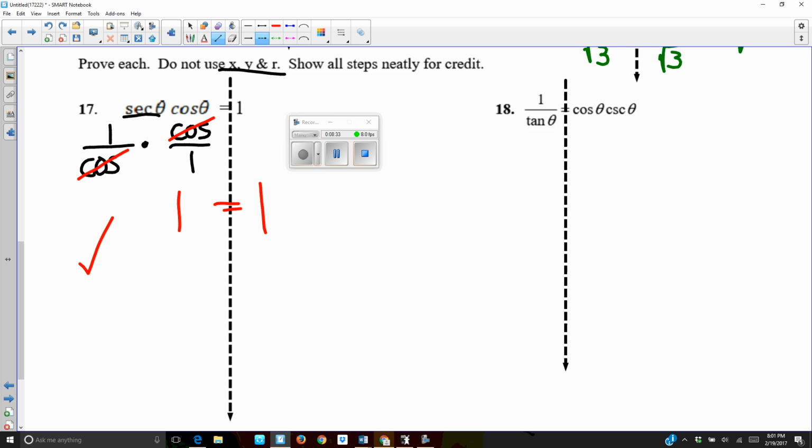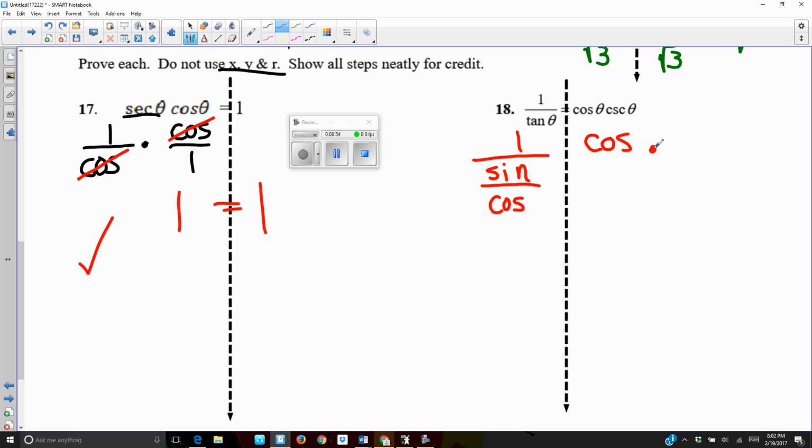18, 1 divided by tangent becomes 1 divided by sine over cosine. Again, because tangent is equivalent to sine divided by cosine. On the right side, cosine times cosecant is the same thing as cosine times 1 divided by sine.